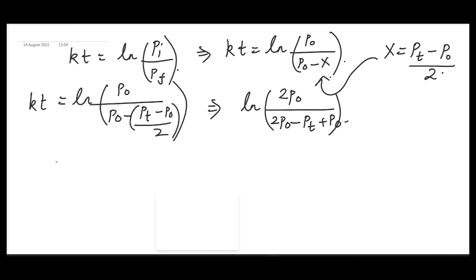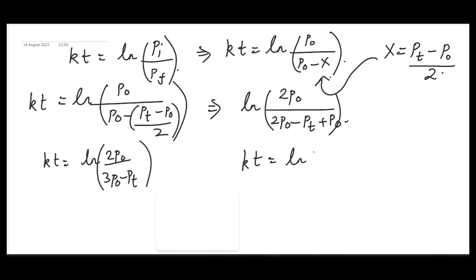So therefore we get kt is equal to ln 2 P naught by 3 P naught minus Pt. Using the property of logarithm, we can write it as kt is equal to ln 2 P naught minus ln 3 P naught minus Pt. So we have come to this step.